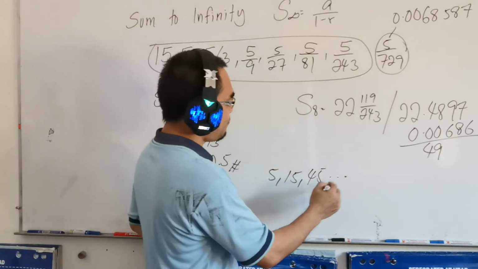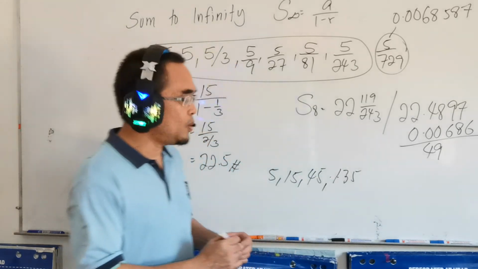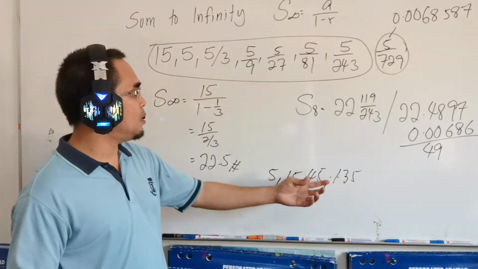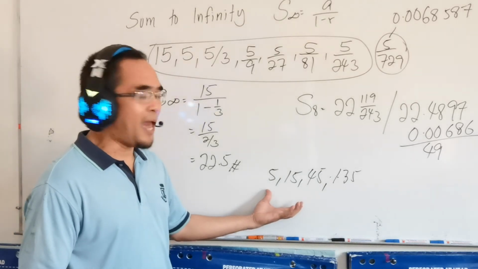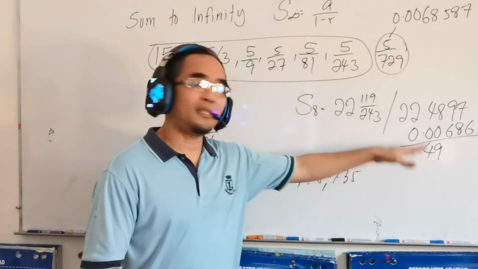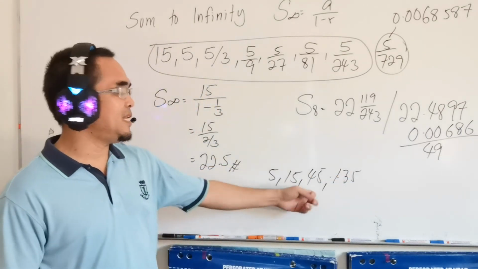After this 45, it will be 135. The addition of 135 to the first 3 numbers will add significantly because the numbers are getting bigger and bigger. So there is no such thing as sum to infinity in this situation.